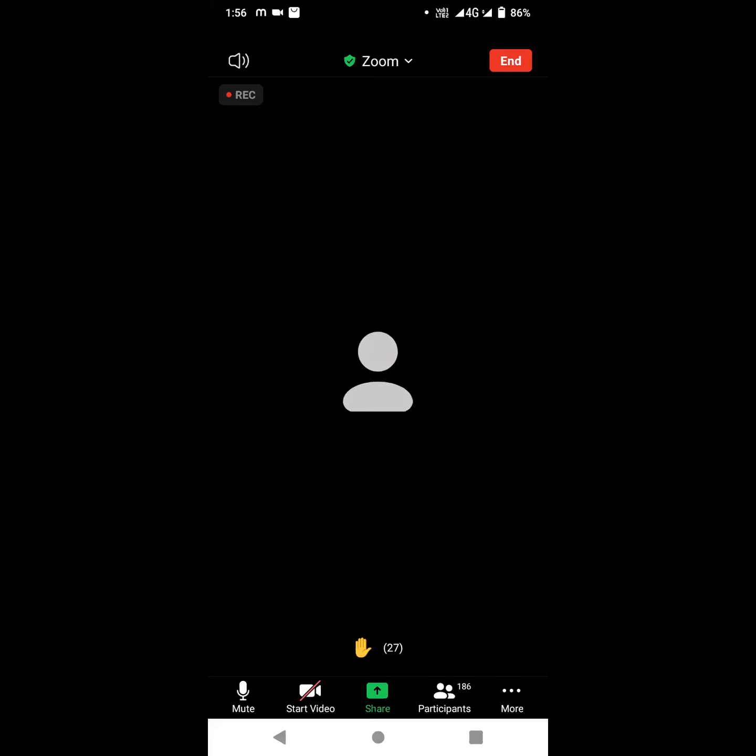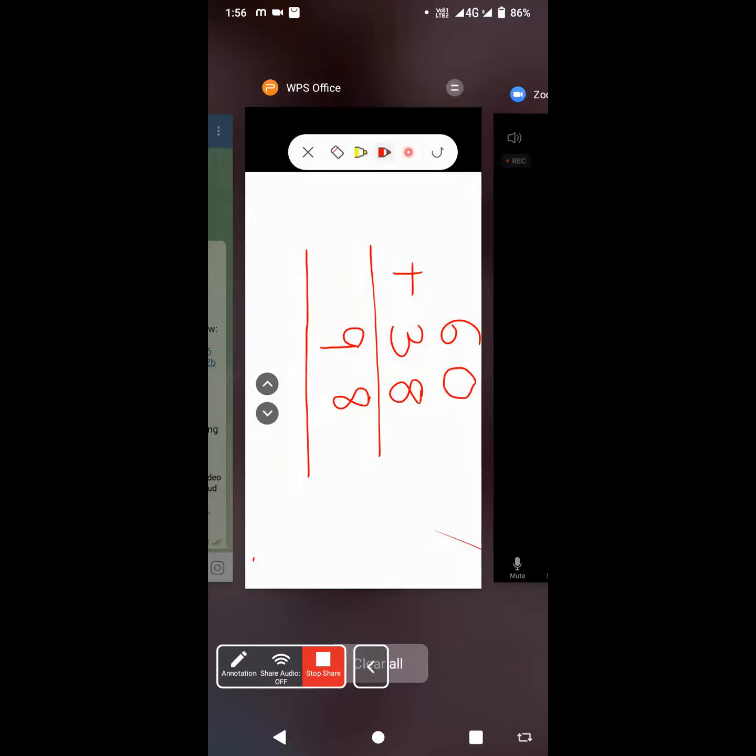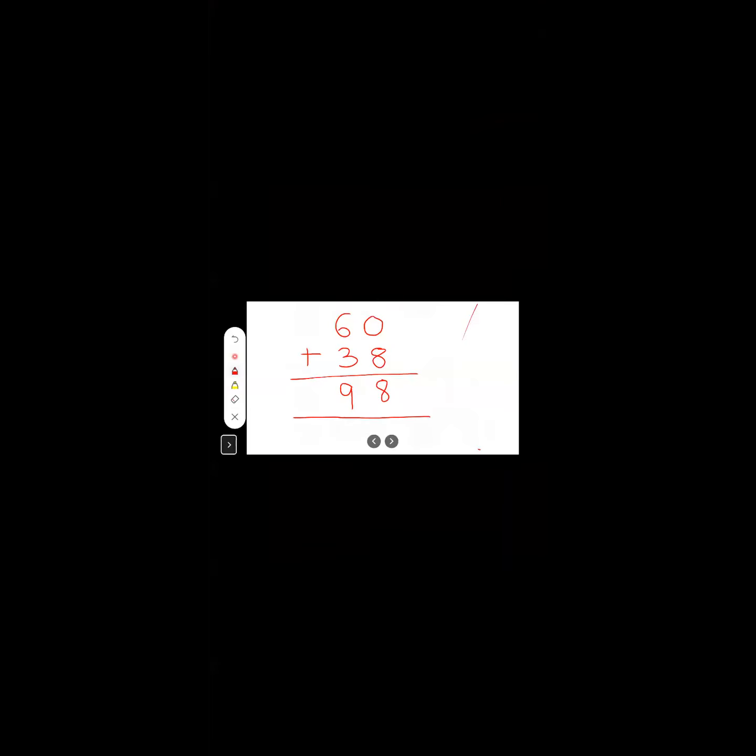Wait, I will share the screen. Wait 1 minute. If you have any doubt, you type your doubt in the chat box. 20 plus 3. Kavya, you want 20 plus 3 to be done in the sum. Okay, we will do it. So first I'll explain this sum and then we will do 20 plus 3 also.